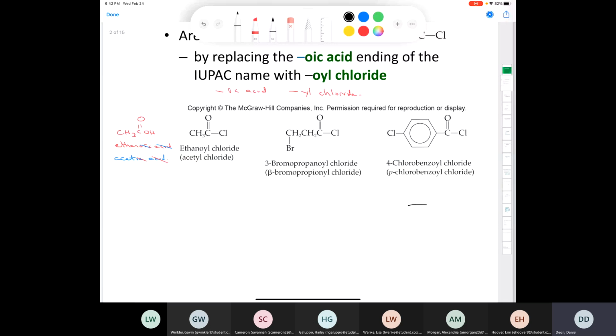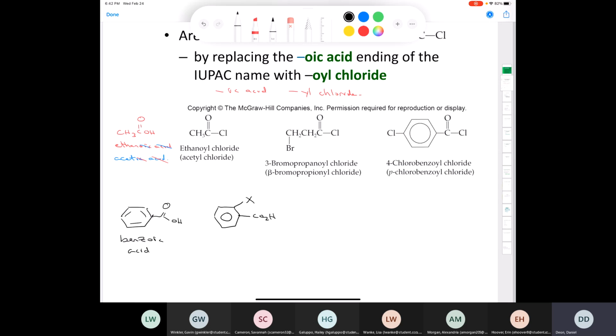If you have this carboxylic acid, and we looked at this earlier, right? This is benzoic acid. Nothing new there, benzoic acid. Now, if I have a substituent on my benzoic acid, just going to shorten it like this.